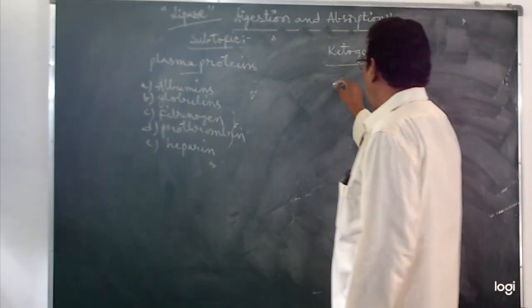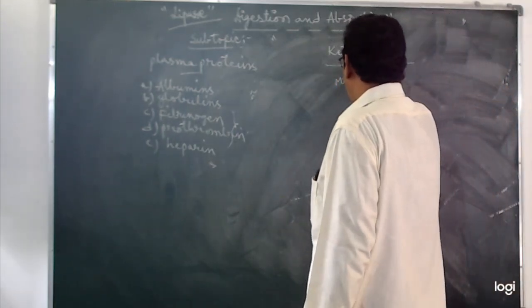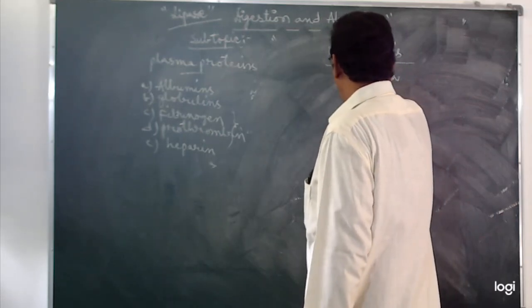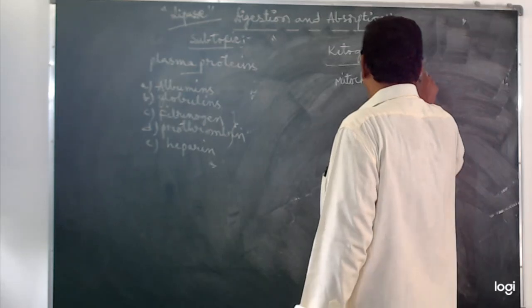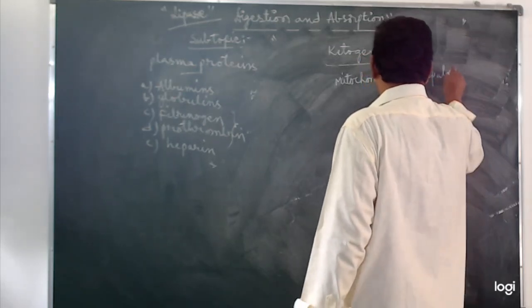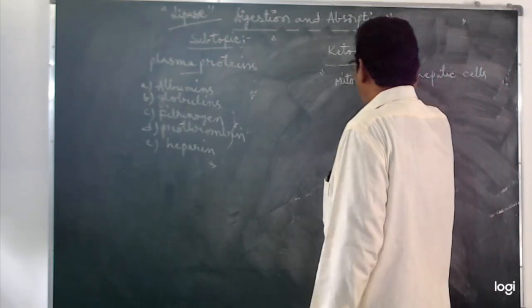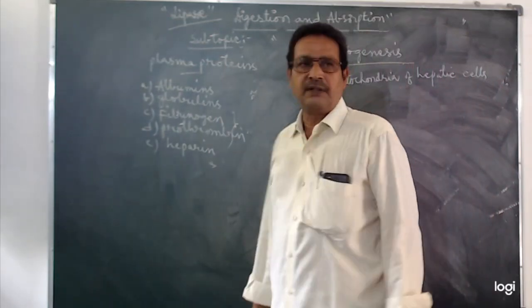In the mitochondria of hepatic cells, the ketogenesis takes place.